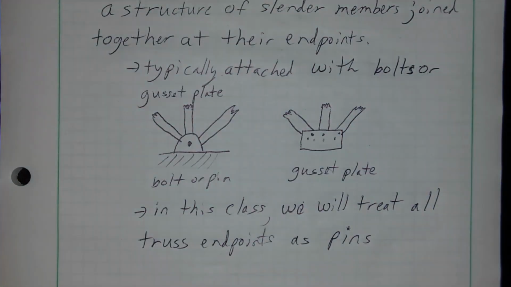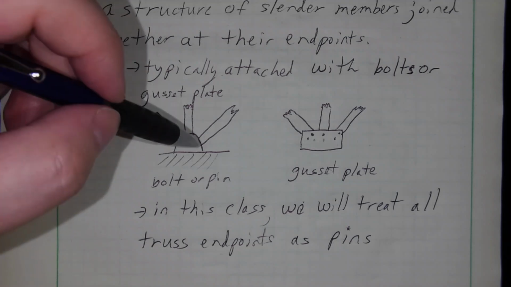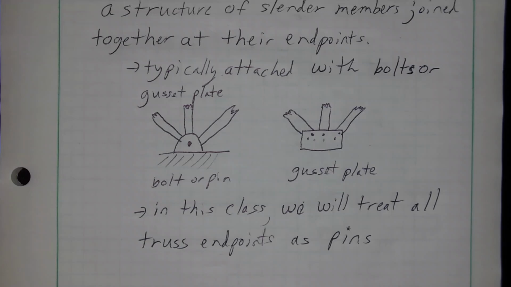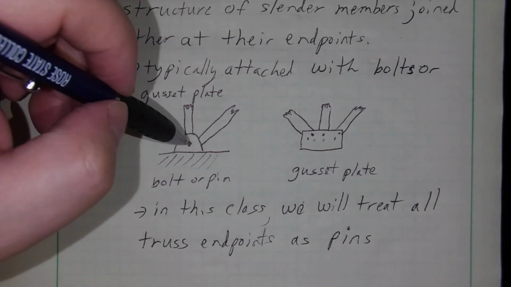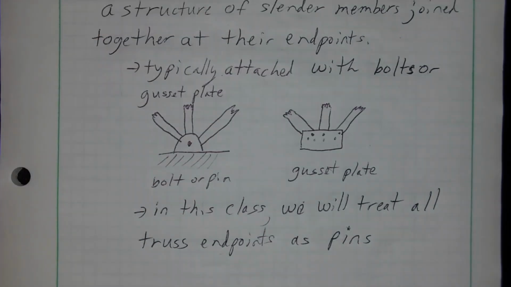Just like in chapter 5, we'll treat them as pins where there are then forces with a direction at each endpoint of each member. So we're going to assume that they're all pins, even though realistically they're either a bolt that's been screwed down tight or some sort of gusset plate attachment, and that's what we normally see out in the wild, if you will, in the real world.